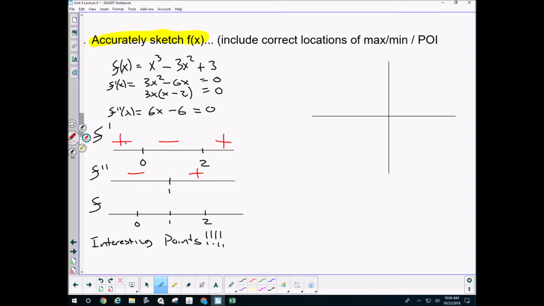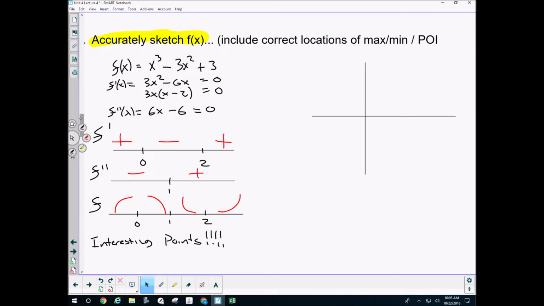If f prime is positive, f is going up, but we are up and concave down, down and concave down, down and concave up, up and concave up. So I understand that's going to be the shape of f, and we are going to focus around 0, 1, and 2. So if I can kind of slide this over a little bit.